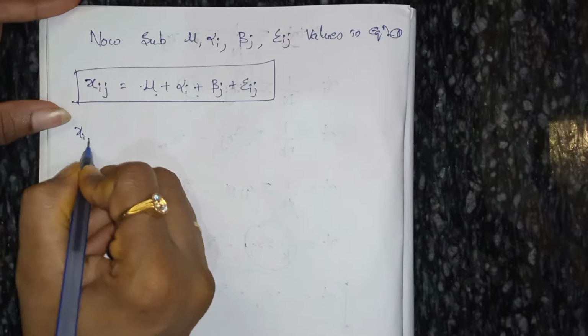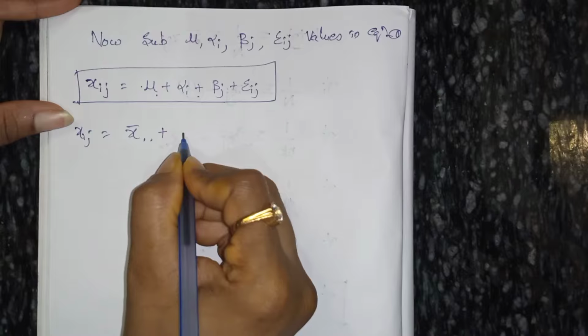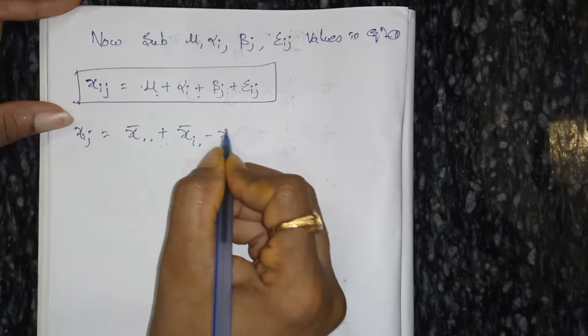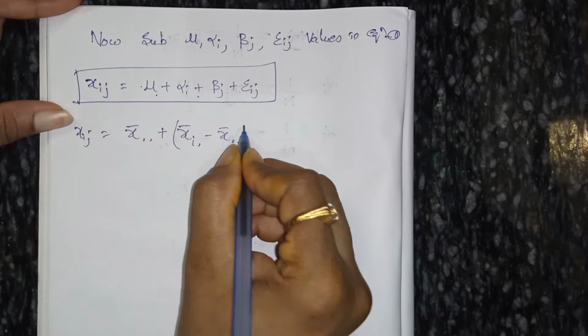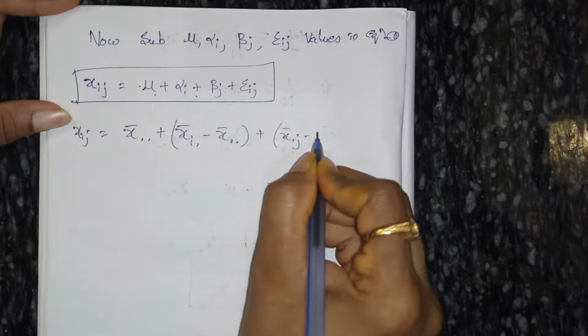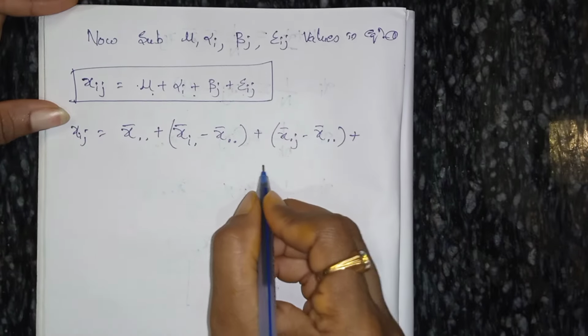So xij equals, what is the mu value? X bar double dot plus alpha i value, which is x bar i dot minus x bar double dot. What is the beta j value? So x bar dot j minus x bar double dot, plus what is the epsilon ij value?